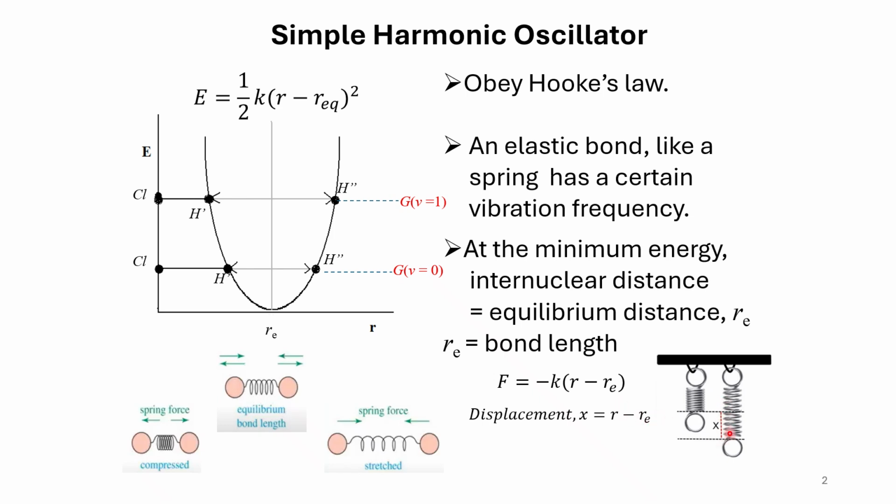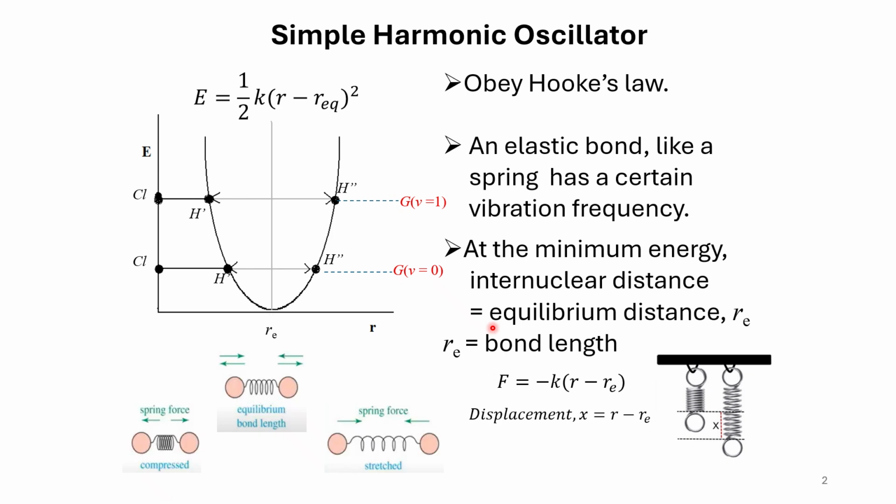The distance here refers to the displacement from the equilibrium bond length or the equilibrium length x. So this is what we call Hooke's law. The simple harmonic oscillator model obeys Hooke's law.